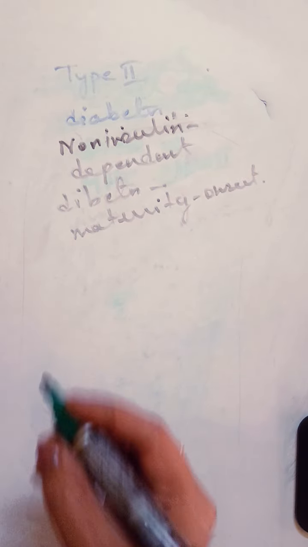It basically occurs at the age of 40 or above. People that get type 2 diabetes, what happens usually, there is an insensitivity of the cells to sense the increased level of insulin.